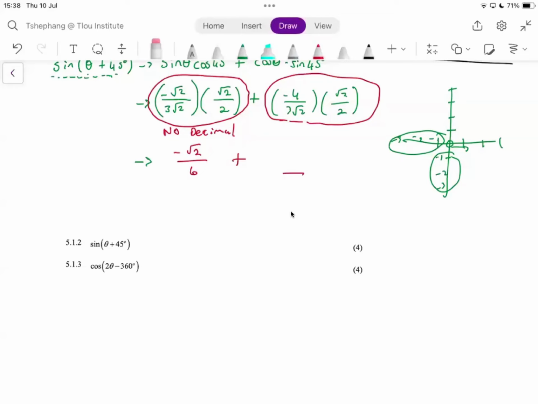Root 2 over 2, and then plus a negative 4 over negative 4. 3 root 2. There we go. Multiply by root 2 over 2.